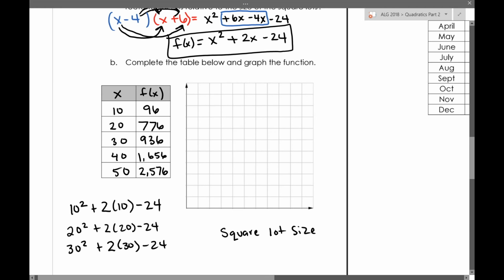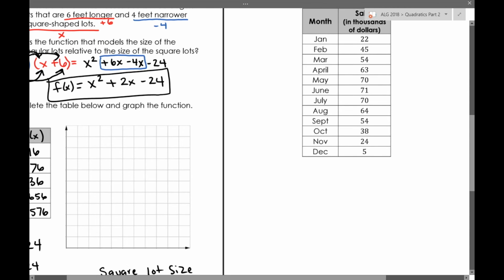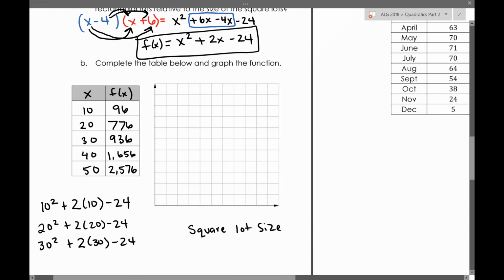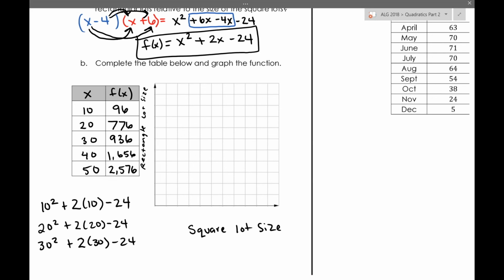So how much that new lot that she's trying to build is. So this is my rectangle lot size.